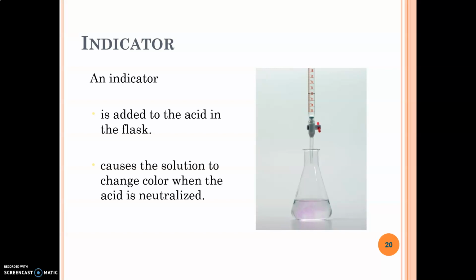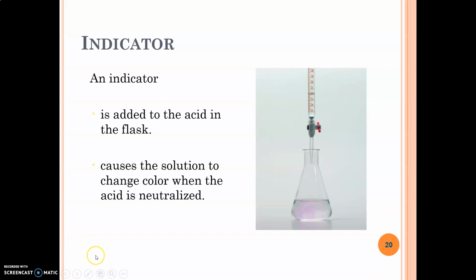When the color is changing, but when you just shake it, the color will again become red. So you keep doing that. After each drop, you have to shake carefully just to guarantee that it's all mixed, and then until the color changes into where it's supposed to be neutral.